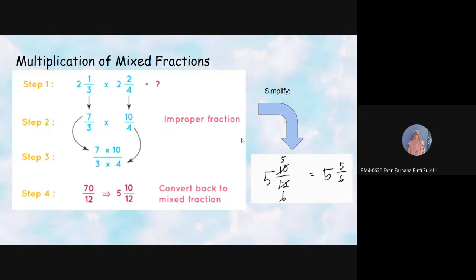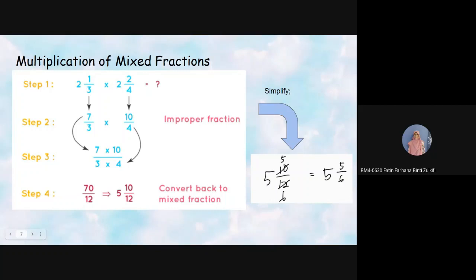And step 3, we multiply: the top numbers, 7 multiplied by 10, then the bottom numbers, 3 multiplied by 4. So we get 70 over 12.